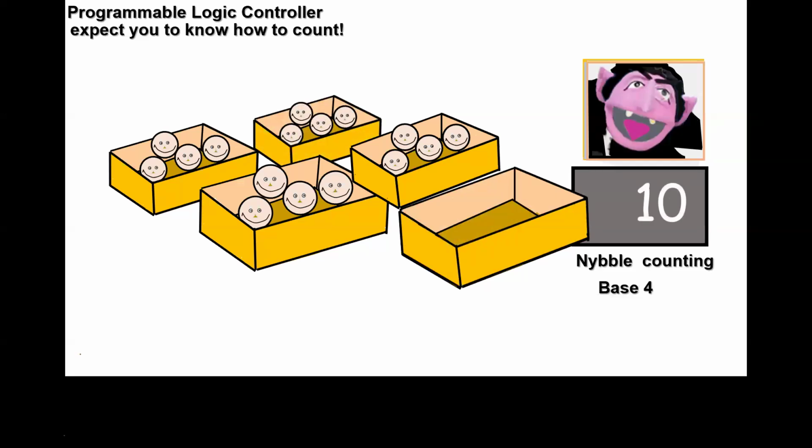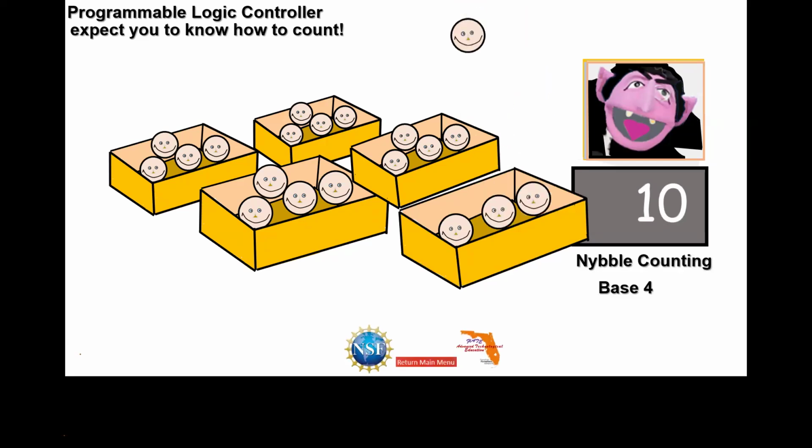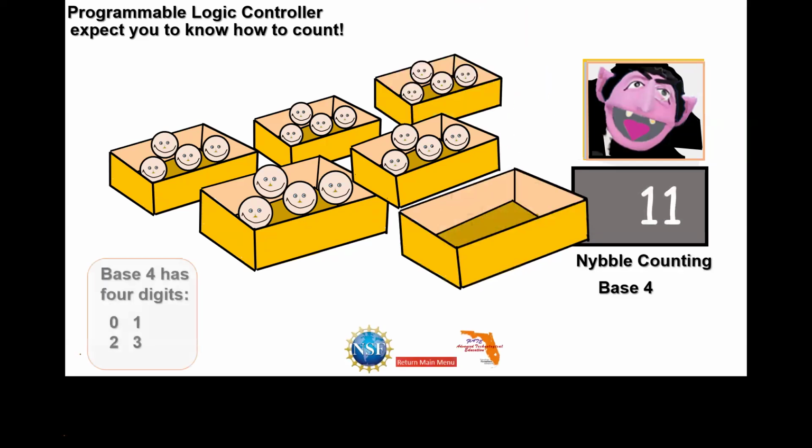Okay, look at the count. Right, and we're in the process now of filling up another box, and we just filled up another box, and look at the count. This is a base 4 counting process. You see the digits? 0, 1, 2, 3. What digit isn't there? 4.